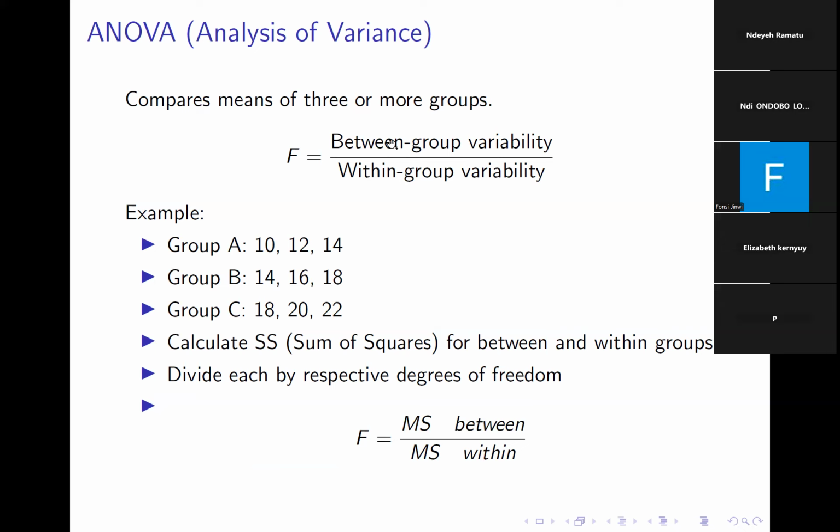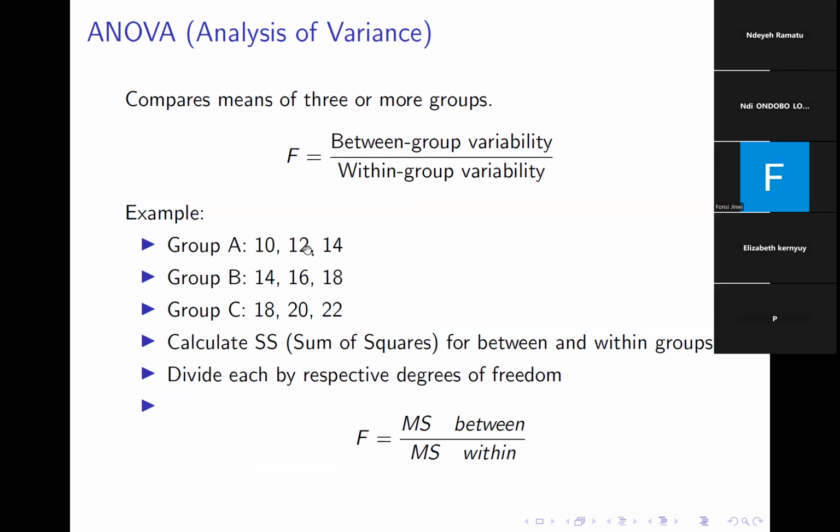So how do you then calculate this variation between the groups? How do you calculate the variations within the group? Let's look at an example. Suppose you have not just 2 subjects, you have 3. In the first, you have some measures that you've done. In the second, you have some measures that you've done.